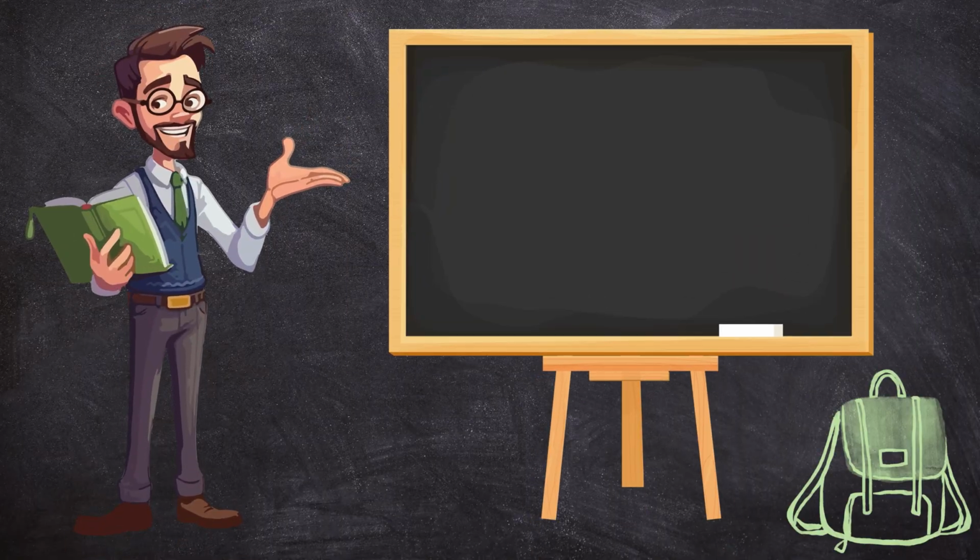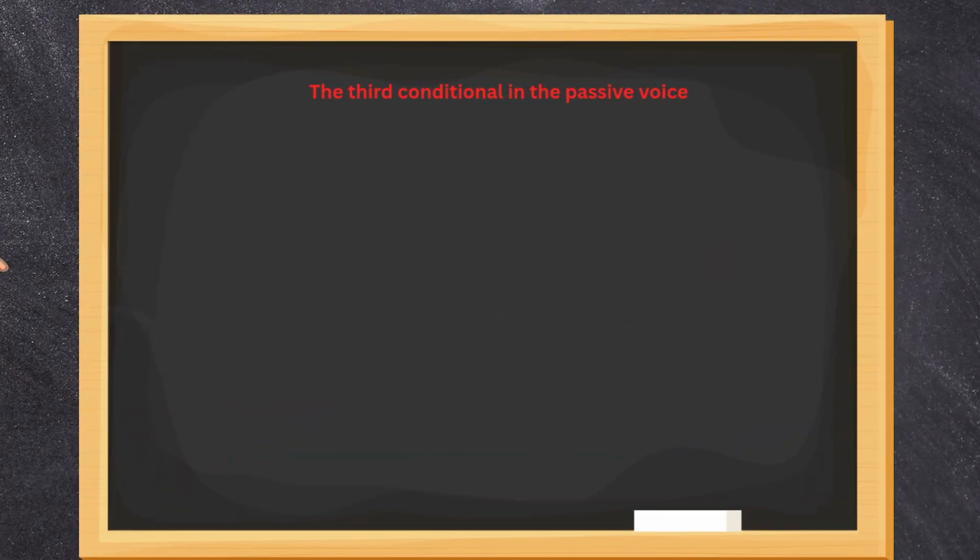Now, what I want to teach you in this lesson is something more advanced. Let's look at the third conditional in the passive voice. The third conditional in the passive voice is formed like this. If plus object of the active sentence as subject plus had been plus past participle.